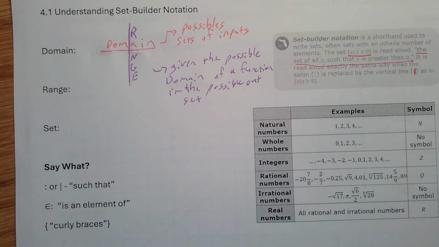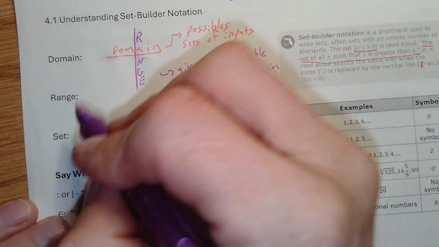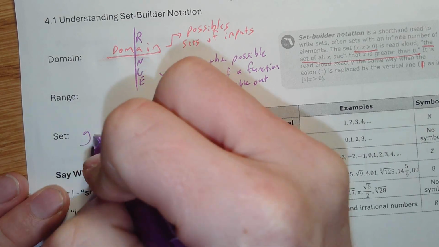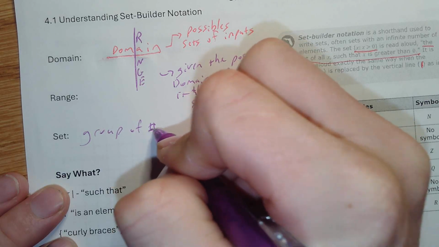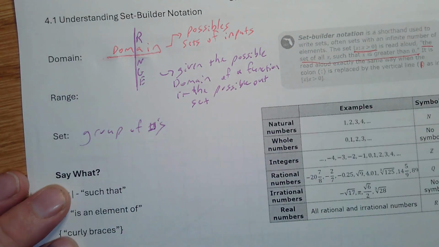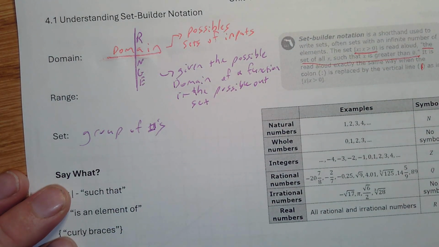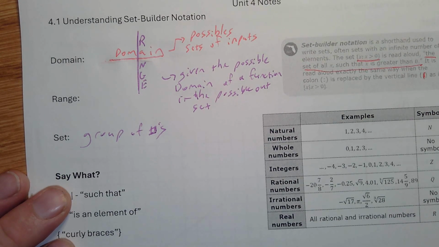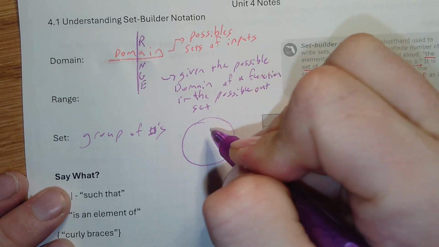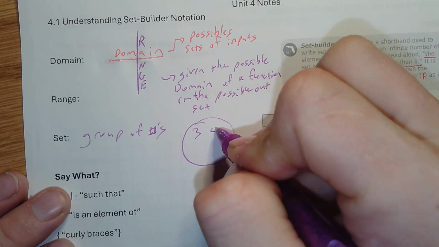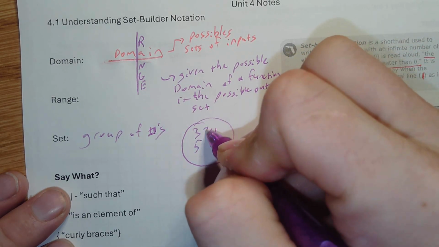Well, a set is just a group of numbers. It can be an infinitely large set, or it can be a finite set of numbers. So here's a visual representation of a set: you can have 3, 4, 5, 6, and 7.